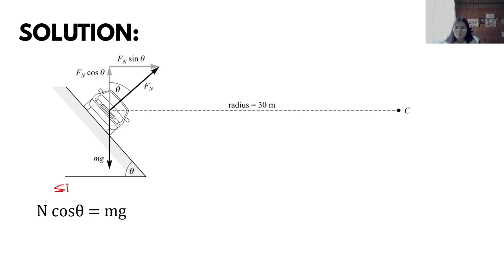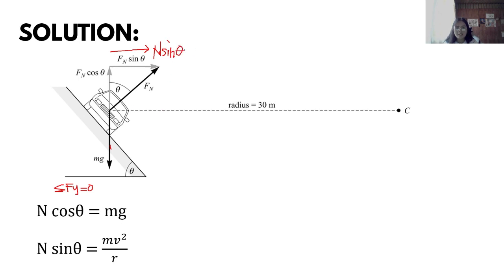Summation forces vertical yan. Okay? Anong value nito? Yun din ang value nitong weight natin. Then, N sine theta is mv squared over r.